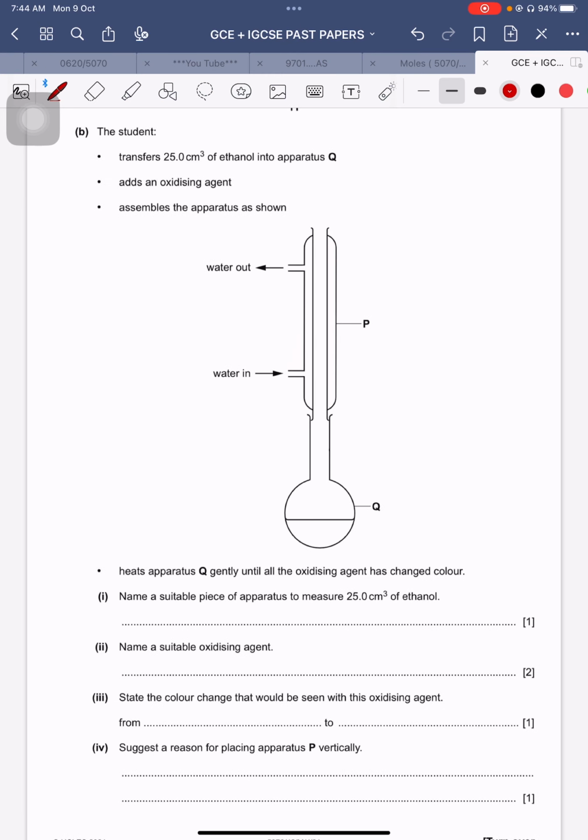Then there is another question. The student transfers 25 cm³ of ethanol into apparatus Q. Whenever it is 25 cm³, it means the apparatus will be a pipette. It is very, very clear. Adds an oxidizing agent, assembles the apparatus as shown. So here he has used the pipette. Now P and Q are connected with each other.